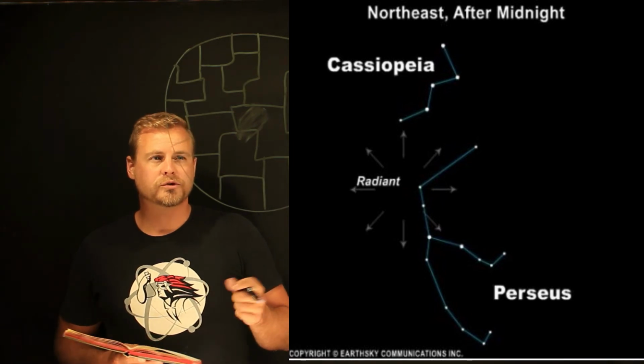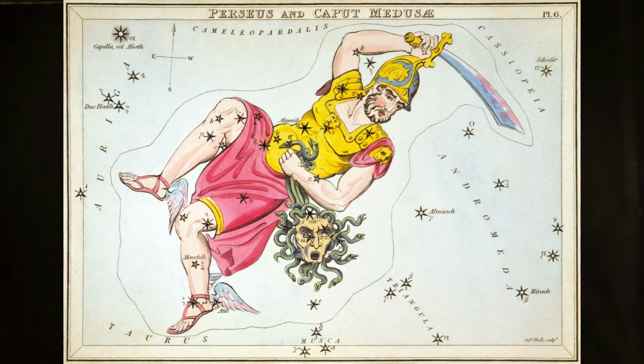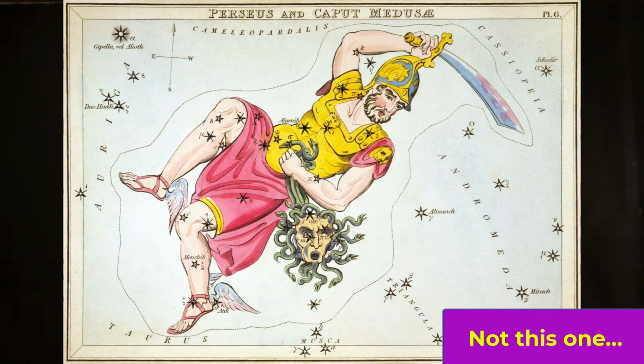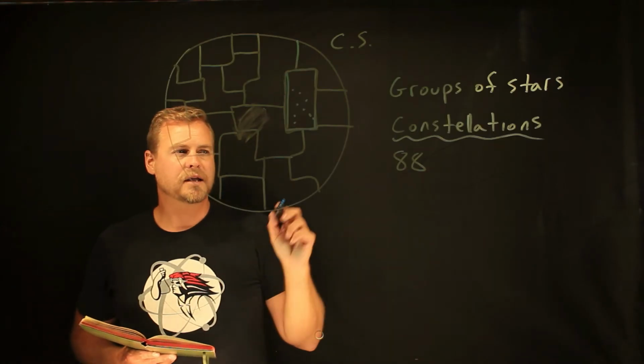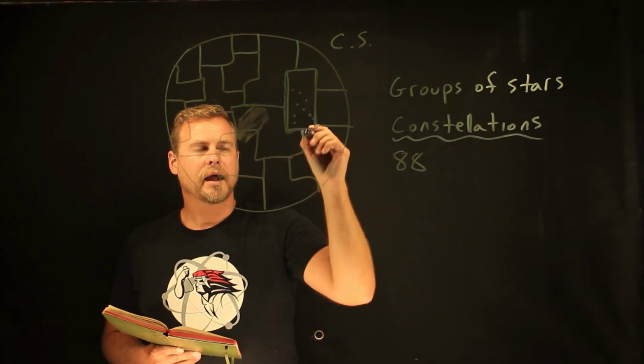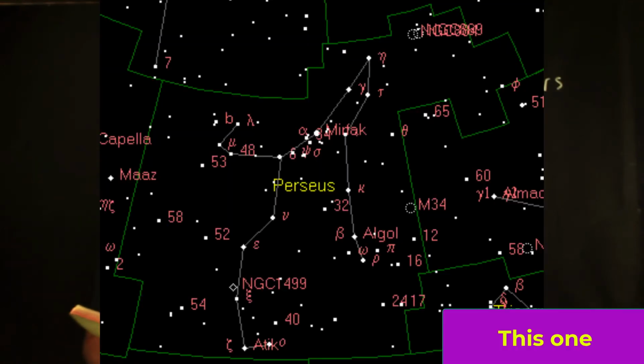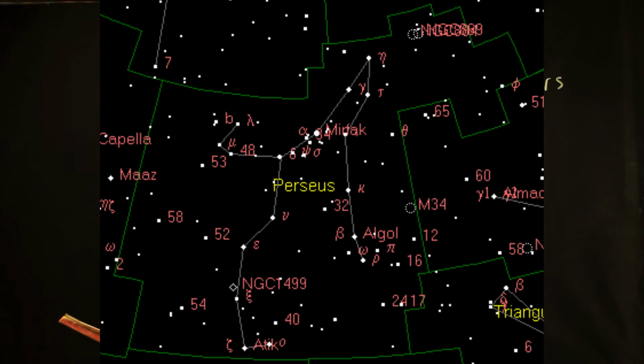What you would do is find the Perseus constellation, which would be this region of space, and Perseus has its own set of stars in there. I'm not saying the meteor shower is coming through that star cluster. I'm saying the meteor shower is coming through the region of space, somewhere in that address book.